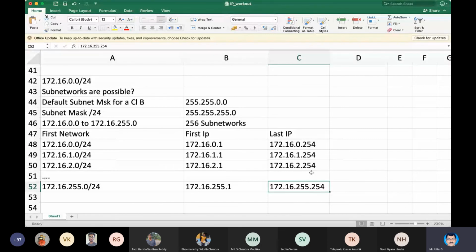So I'll take one more session on this. In that session, we'll practice how you can design an IP address scheme for a company. That's what we are going to see next. I have already discussed it; I just have to emphasize your knowledge. So please do practice these topics.